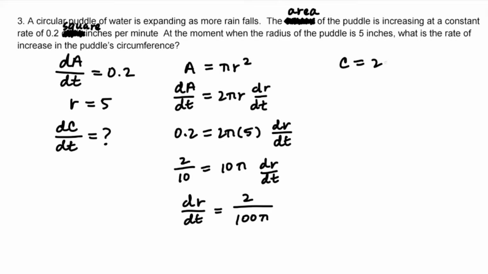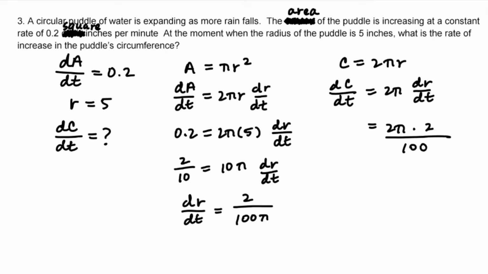We know that circumference is 2 pi times the radius. So I might take the derivative of circumference with respect to time and get 2 pi times dr/dt. And then if dr/dt was this 2 divided by 100 pi, then we could simplify like that and get 4 over 100, which is 1 over 25.